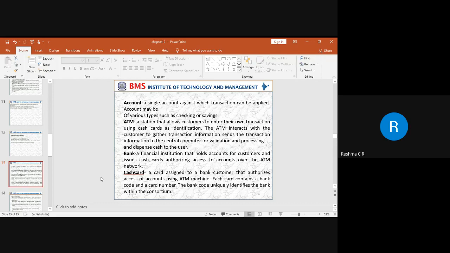The customer can have one or two accounts in a bank. So how is the customer making a transaction? What are the different transactions the customer is making? All these details have to be carried out.